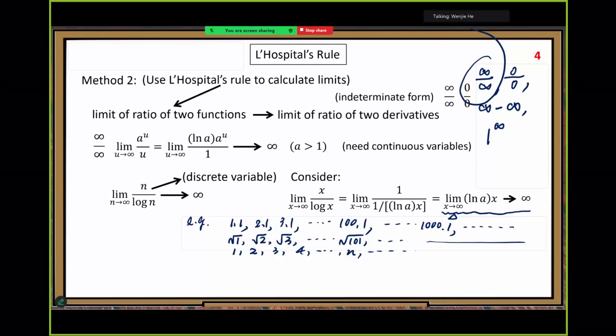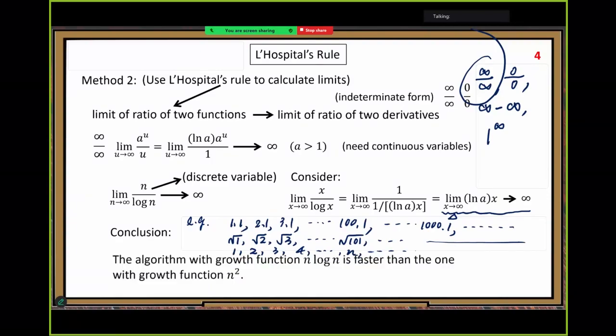So our concern is only the problems with large problem sizes. That's our main concern. So that's the conclusion.